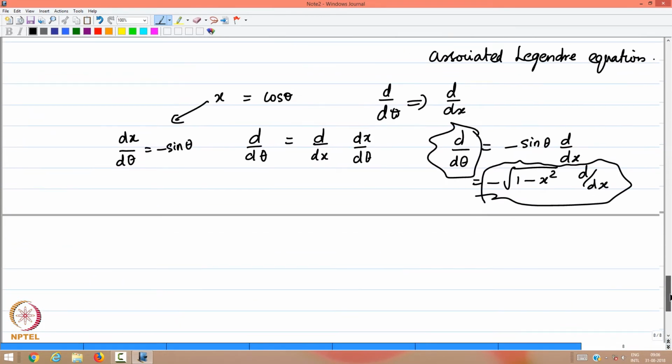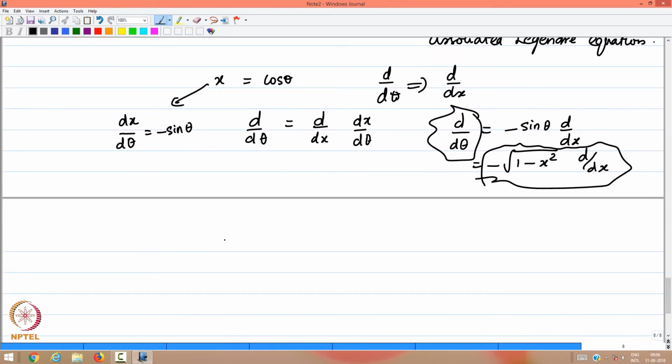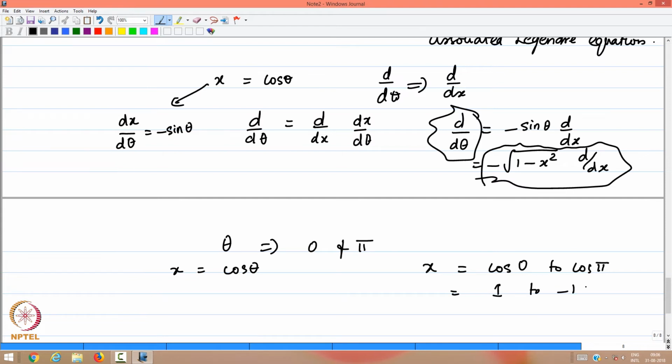And one last thing you have to look at: please remember theta has limiting values, all possible values between 0 and pi. Therefore, if you change x to cos theta, then x has a value from cos 0 to cos pi, that is, from 1 to minus 1.